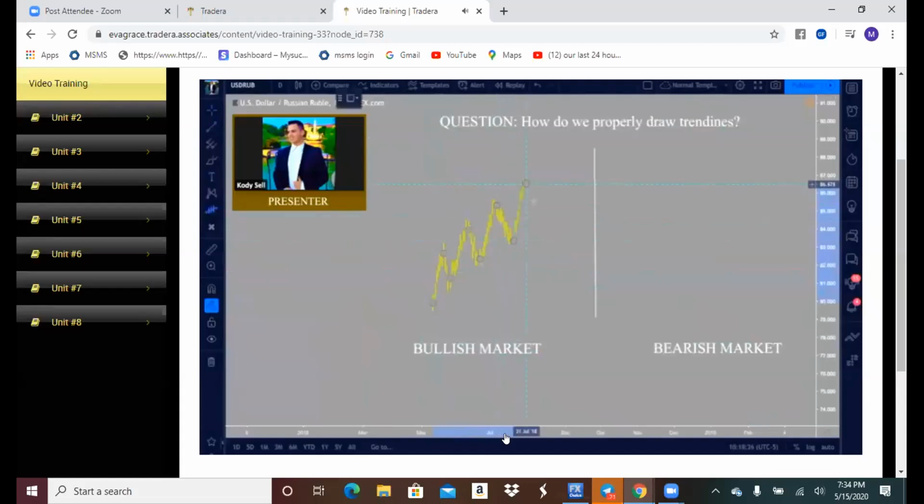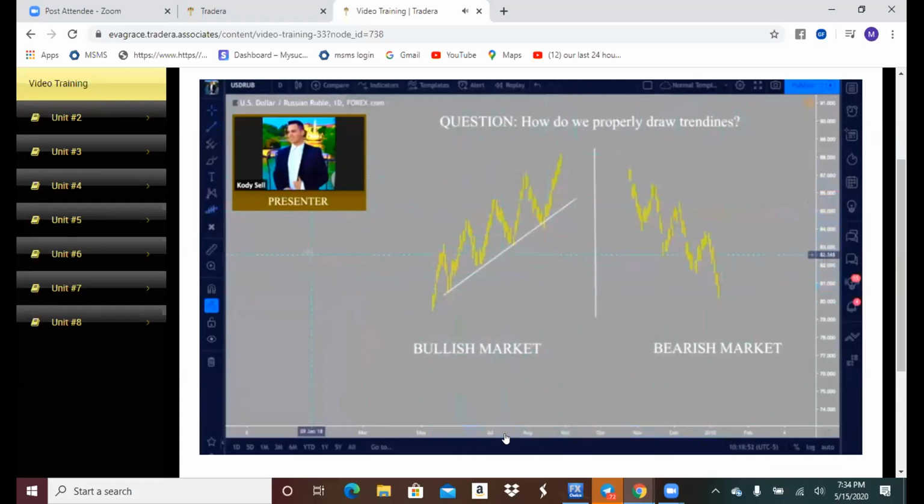So we will do it like this. And then in the bearish market, we are heading down. Now, for trend lines in a bullish market, you need your trend lines to be at the bottom of price.